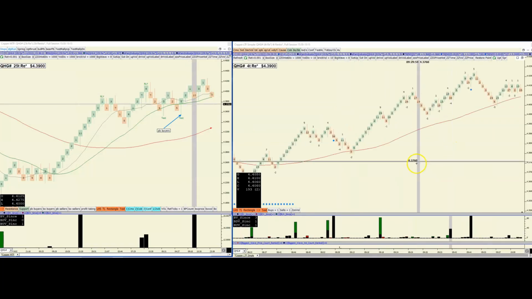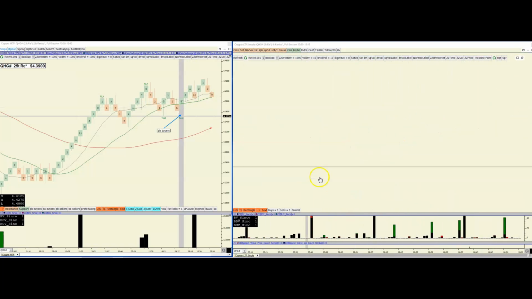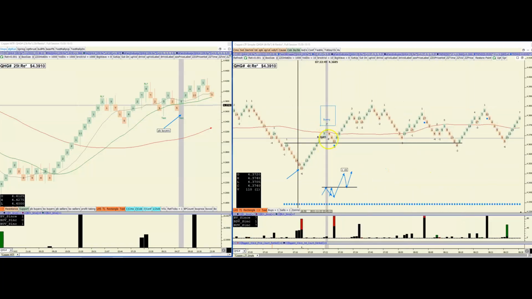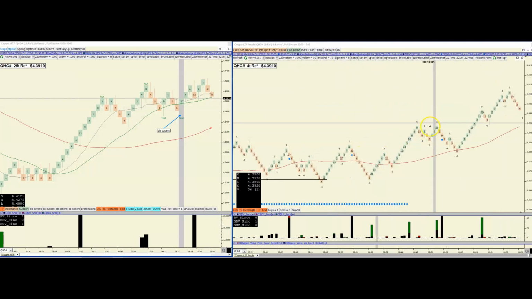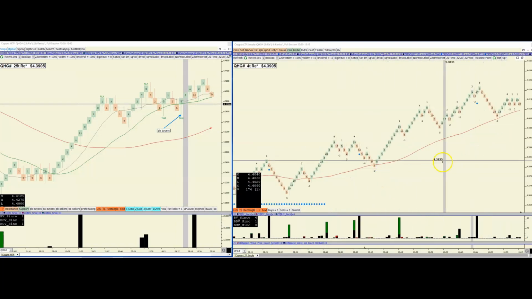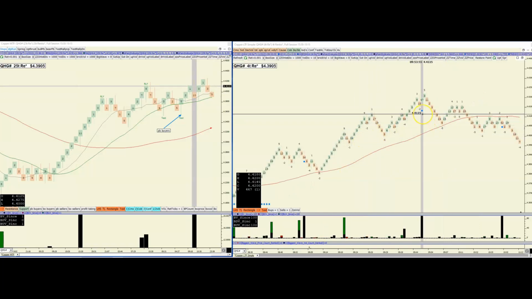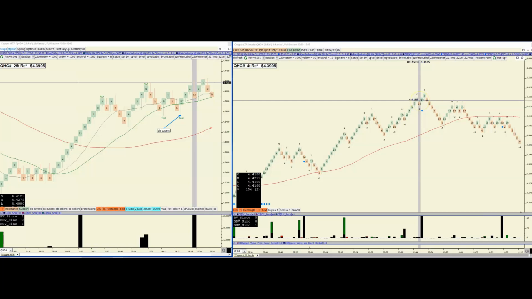So what I wanted to get at, though, I don't want to get lost here, is that this is volume off the bottom that triggers the change of behavior or sign of strength, pullback, buy on the pullback, and the market flies. Now, as it goes up, what I noticed was right here, this is the biggest volume in 100 bricks, right at the top.